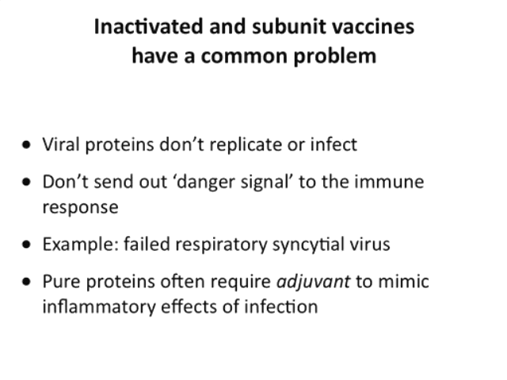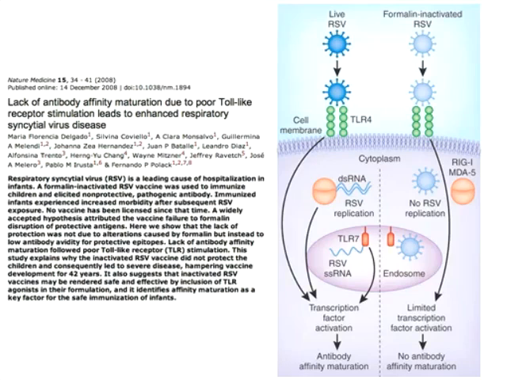We've just learned in the past year why this vaccine failed. Not only did it fail, but actually the kids who were immunized with it got worse disease than kids who were not immunized. And the reason was, by treating this virus with formalin, it destroyed its ability to be a good activator of the innate response. So the antibodies that were produced in those kids were not high affinity. And they bound the virus, but they didn't neutralize it, but they led to other more severe consequences.